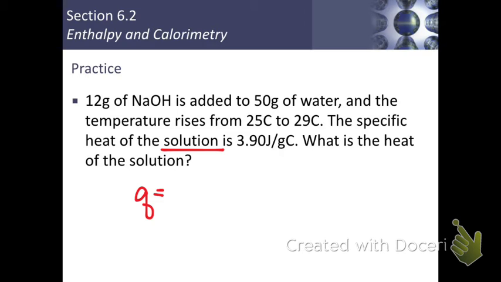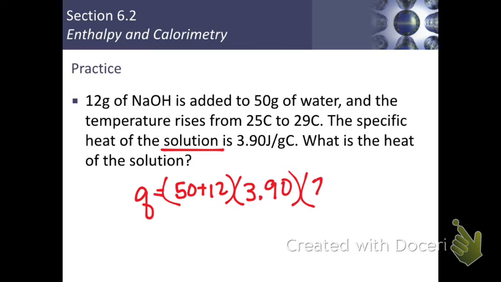That's it. If it would have given us specific heat of NaOH and specific heat of water, we would have solved it a little differently. But since it tells us the specific heat of the total solution is 3.9, we're going to say 50 plus 12 times 3.9, and then final minus initial. Okay, that's it.